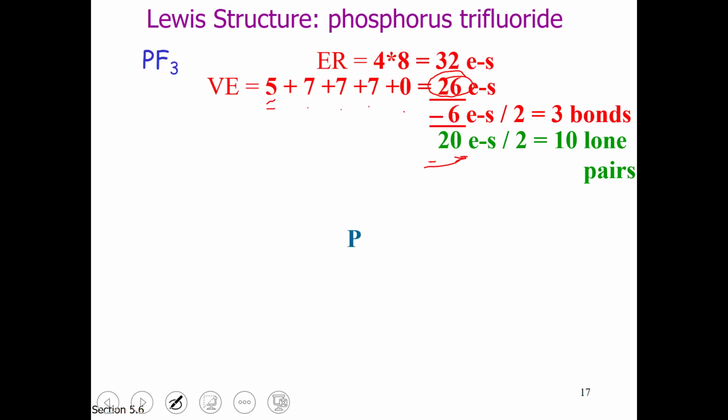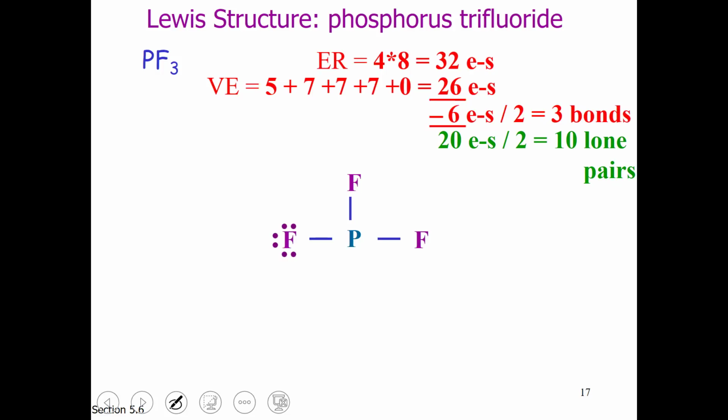All right, phosphorus goes in the middle because it's the first element listed in this compound. We put the fluorines around it. We are going to attach with 1, 2, 3 bonds. Now we just have to fill in the electrons. Fluorine has 1 bond to it, so at the moment it thinks it has access to 2 electrons, so it needs 6 more.